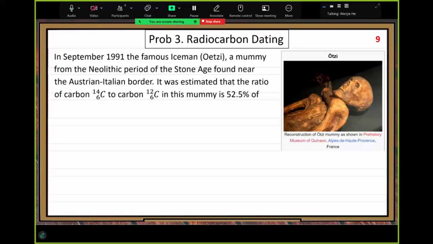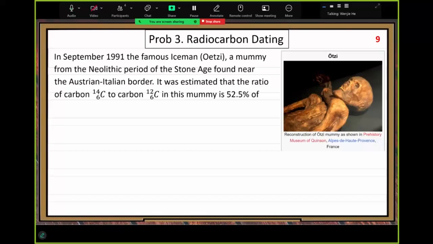Apply carbon dating, the radiocarbon dating method. People measure the ratio of carbon 14 over carbon 12. Although there is carbon 13, its amount is very small, very rare, so that little number can be ignored.